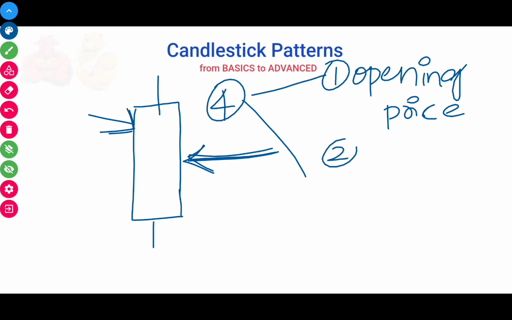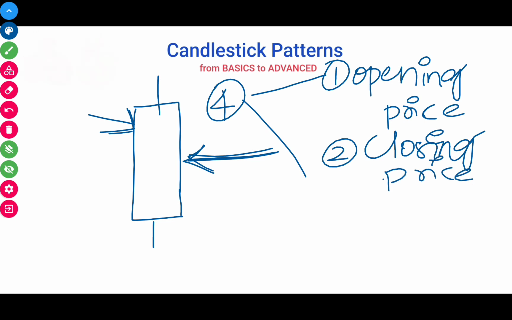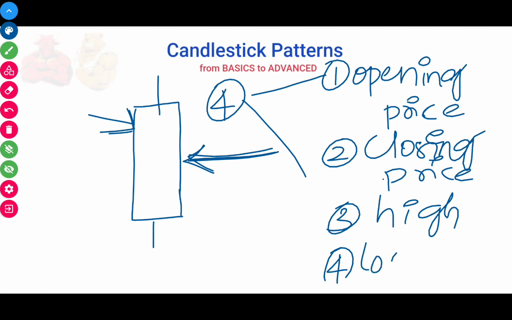Second one, closing price. And third one, high of the candle. And fourth one, low of the candle. So let me give one example to understand these four aspects.